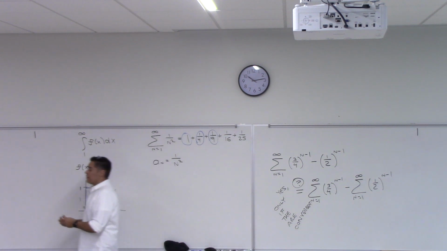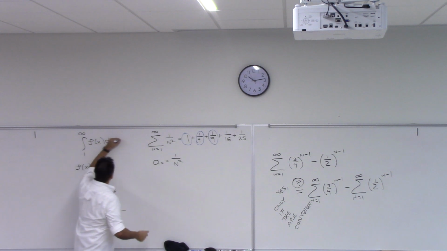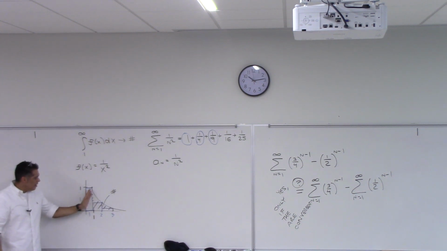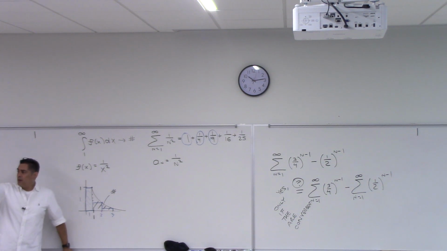Y'all tell me. If I'm telling you that this integral converges, that this goes to a number, that's the area of the purplish, right? I'm telling you the area of the purplish stuff is finite. What can you tell me about the area of all the rectangles?